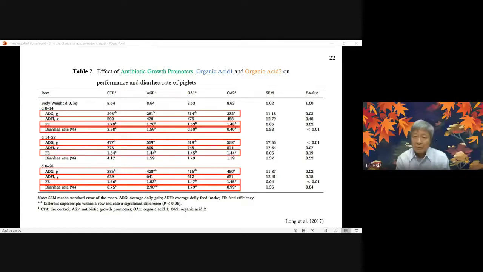But the feed company says formic acid has a terrible smell, yet they advertise that all the pigs like this kind of smell.